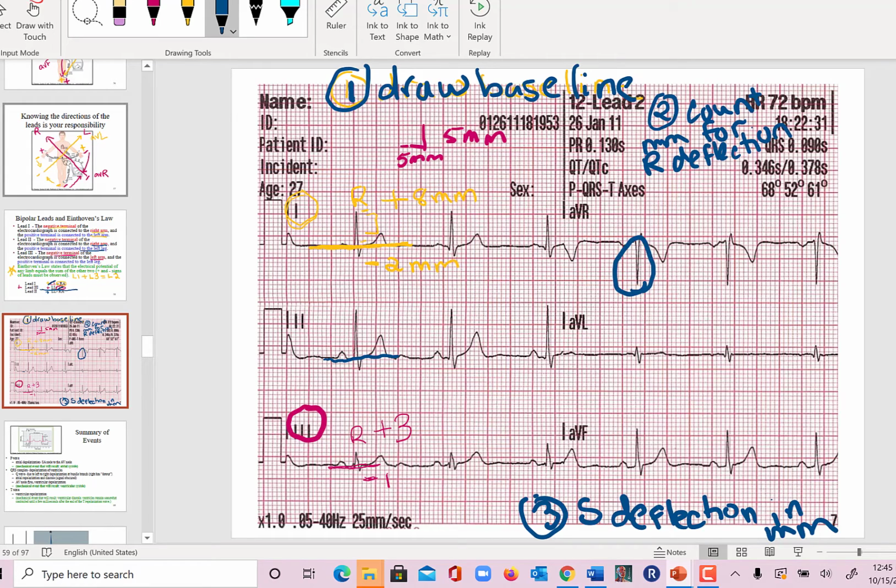Now let's count our upward R deflection. I see 1, 2, then 5 more, 7, 8, 9, 10, about 10 and a half. And a downward deflection of 1, 2. So a negative deflection of 2.